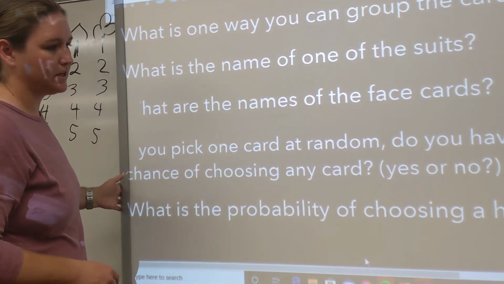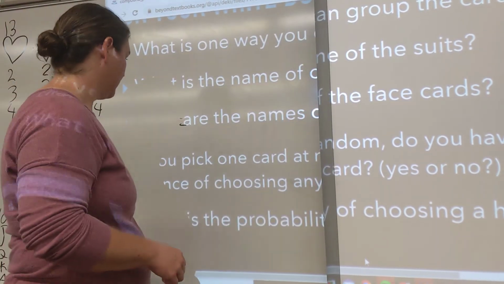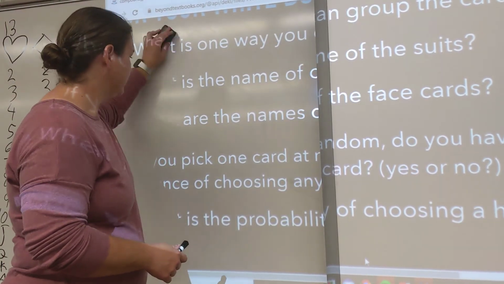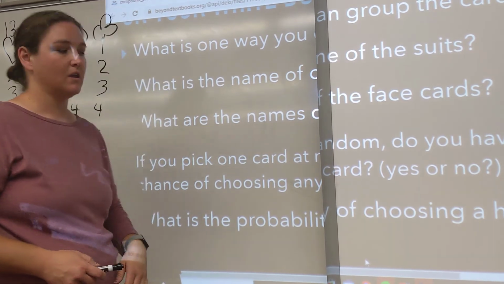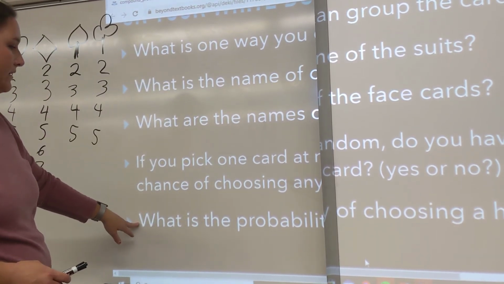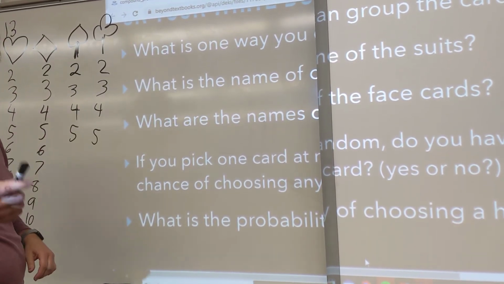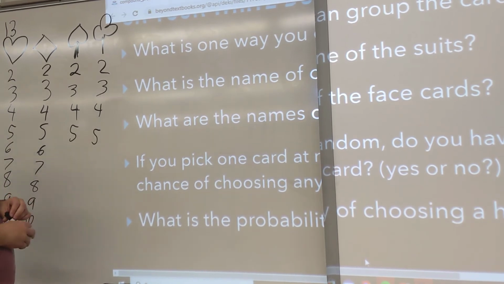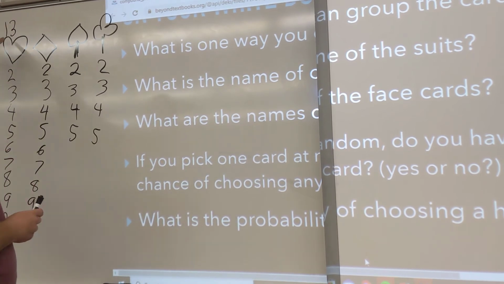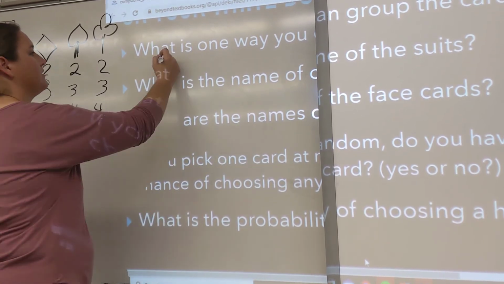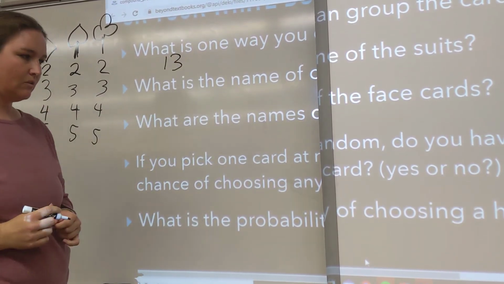What is the probability of choosing a heart? Now here's where we actually get into a little bit more of the probability. So here we take the hearts. Now how many hearts are there? Well, we already have our number here. We have 13 hearts, right?